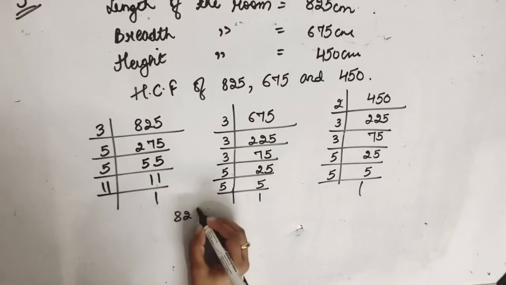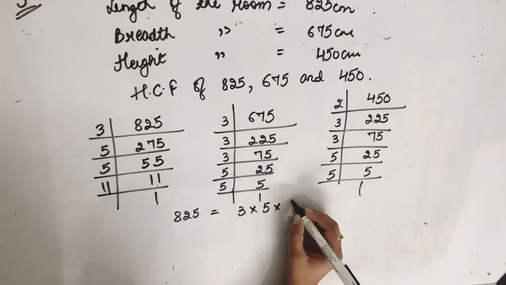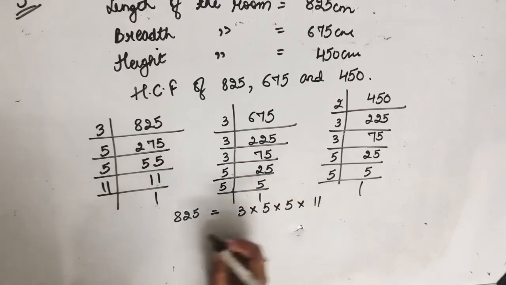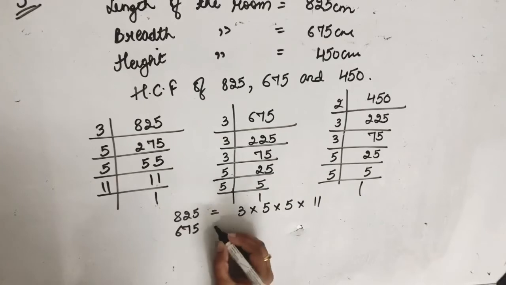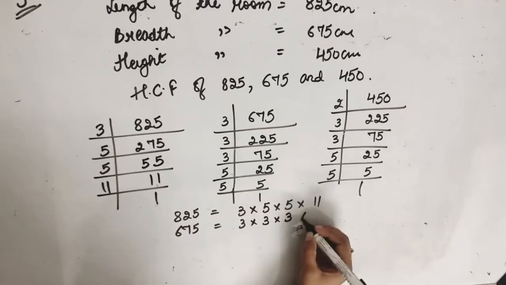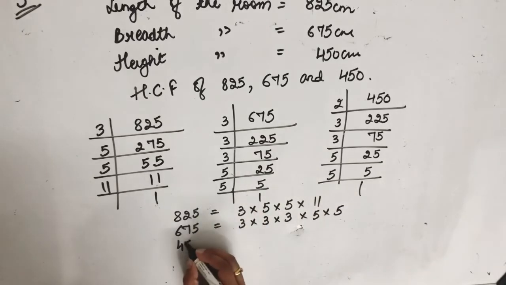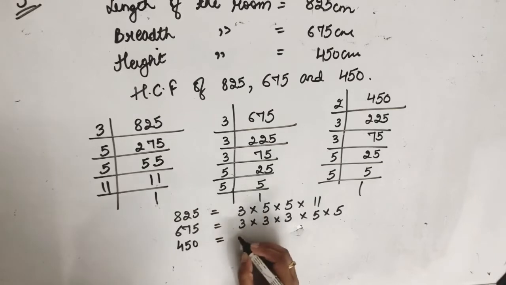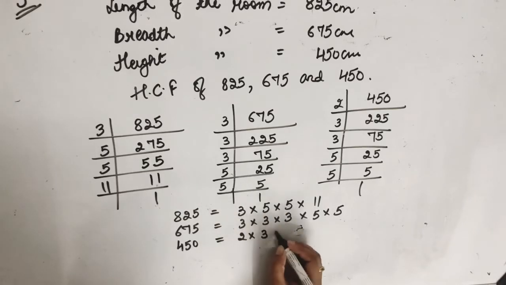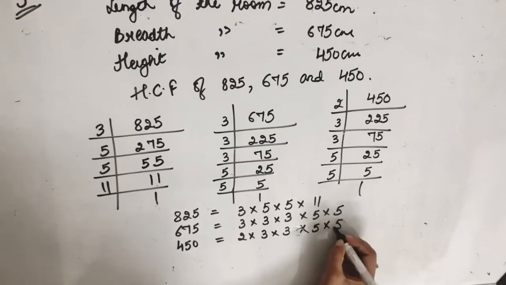So 825 is equals to 3 into 5 into 5 into 11. 675 is equals to 3 into 3 into 3 into 5 into 5. 450 is equals to 2 into 3 into 3 into 5 into 5.